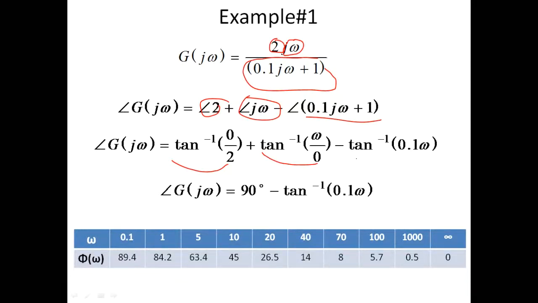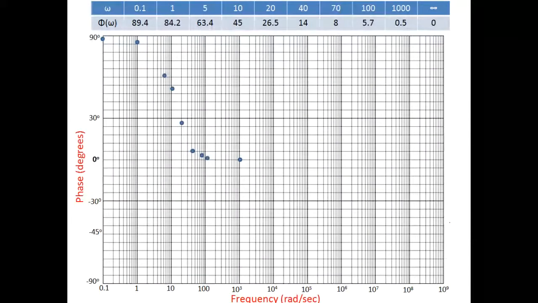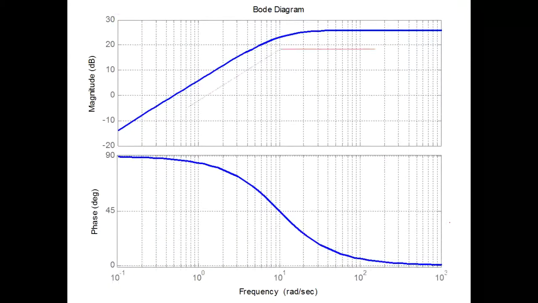JW is tan inverse of W over 0, which is 90, and for 0.1 JW plus 1 it is tan inverse of 0.1 W. So the phase is variable, it depends on W. It will start from 89.4 degrees and go to 0 when W goes to infinity. Then you can plot these points and draw the curve. So this is the Bode diagram.